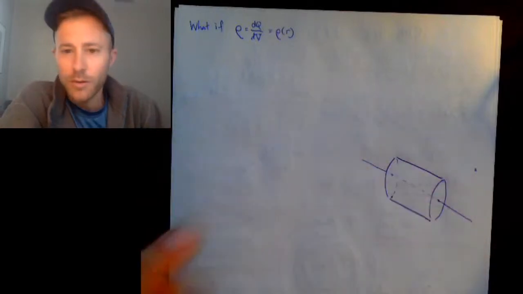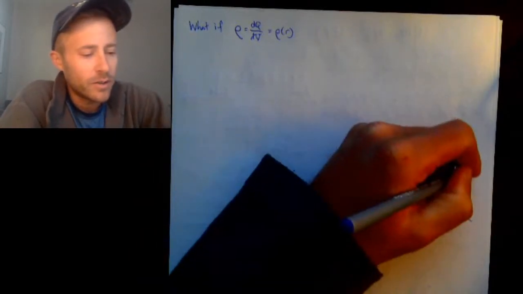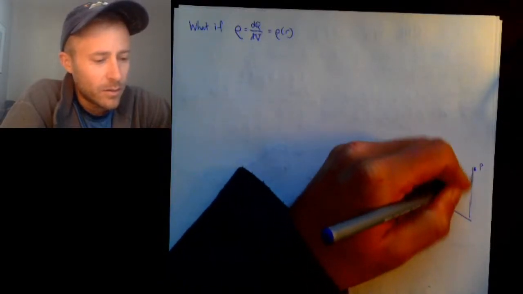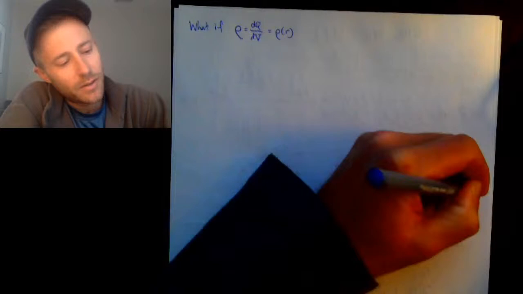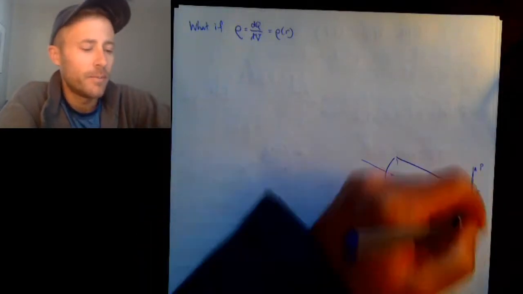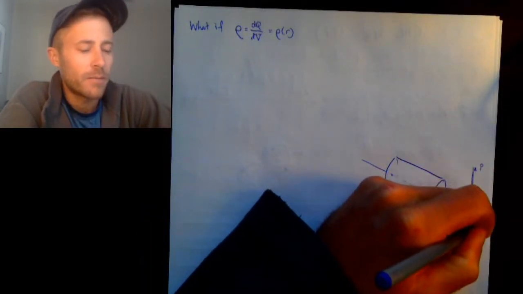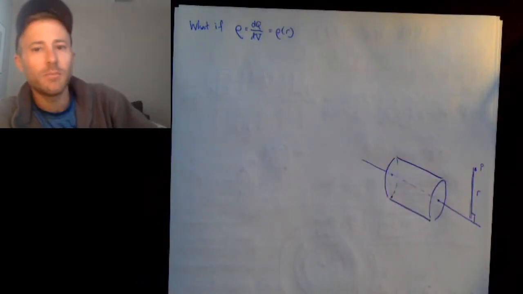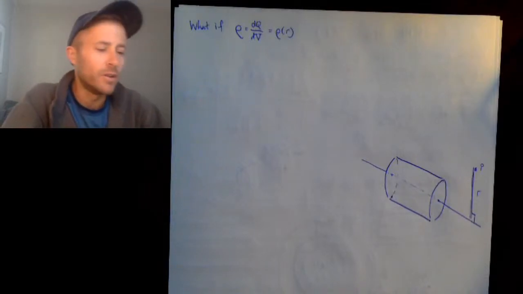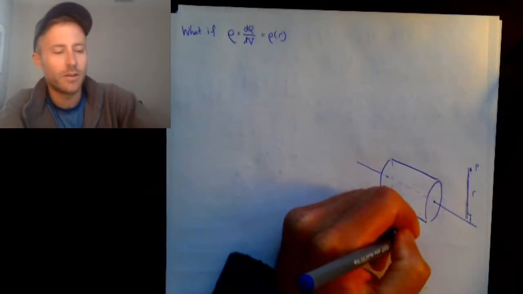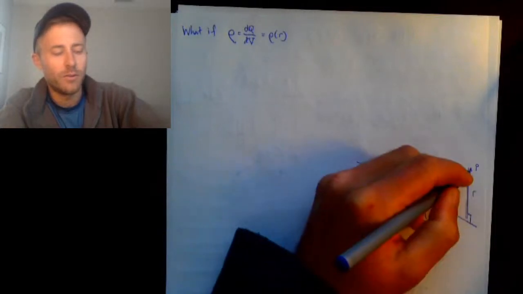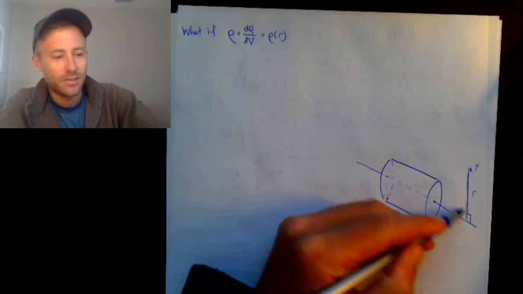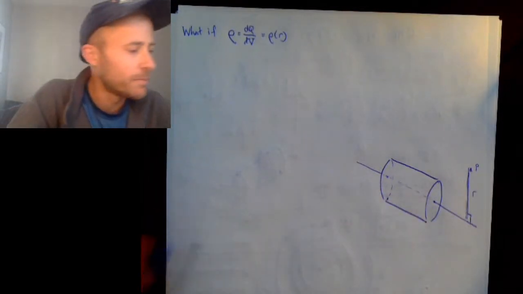If we were looking at this point right here, let's say that's a point P, then R is going to be that distance, and this would be a right angle. So that's what I mean by R. It doesn't depend on whether the point is over here; if we go in a different direction, it only depends on distance from the axis of the cylinder.